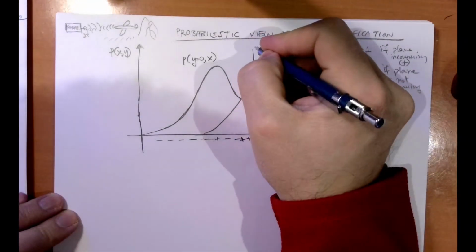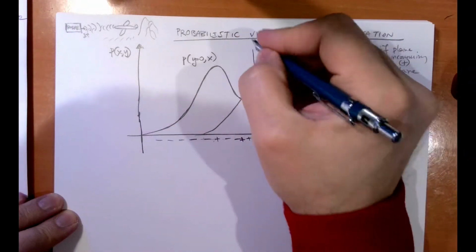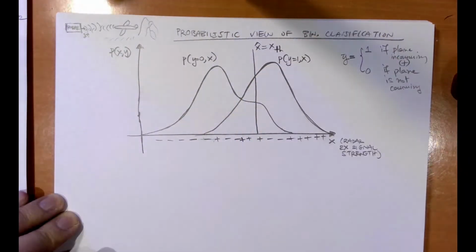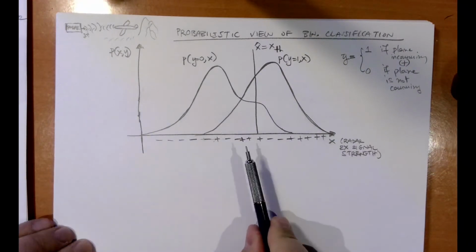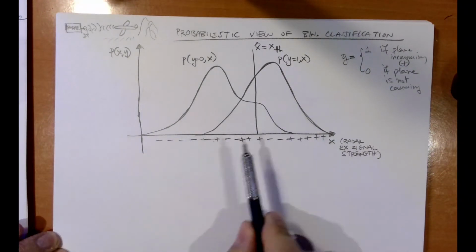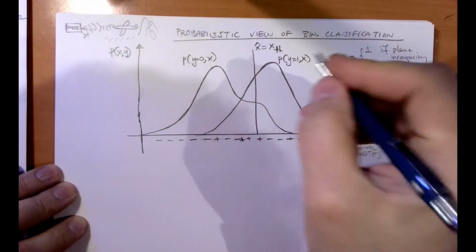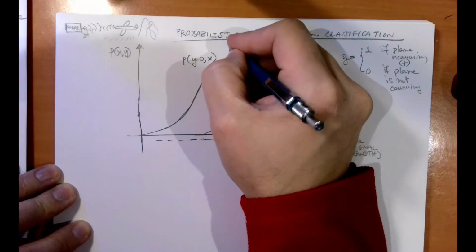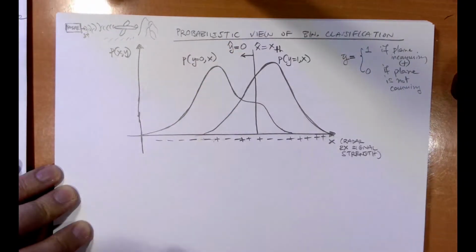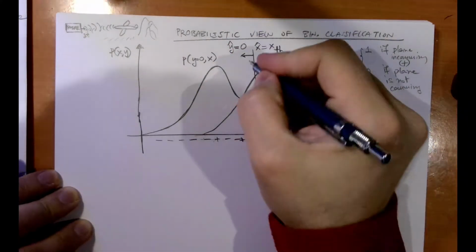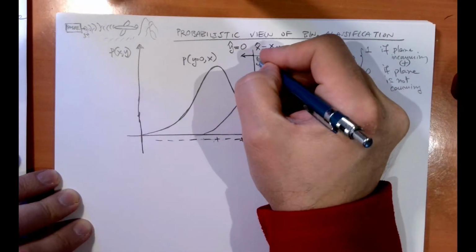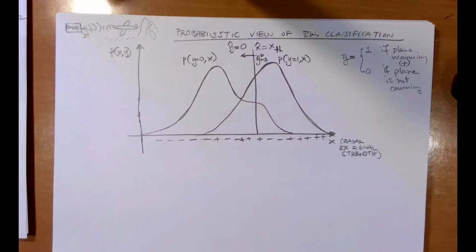I will call this threshold x hat, and I'll also write it x_th. That's the threshold of signal strength. Below this threshold I will be declaring that no plane is coming, and above this threshold I'll be declaring exactly the opposite: y hat is equal to 1. And that is going to be my classifier.